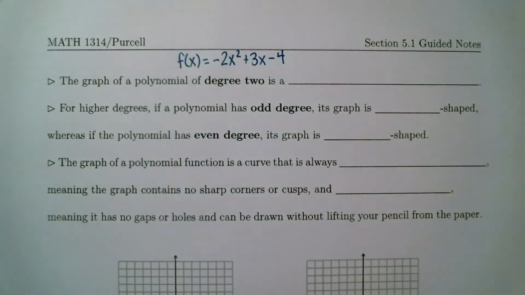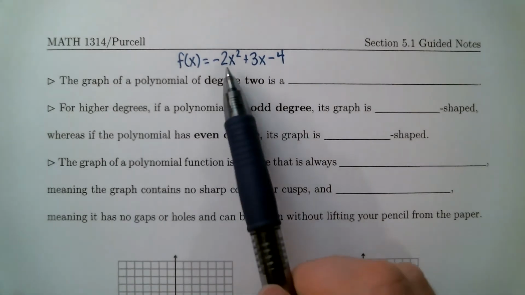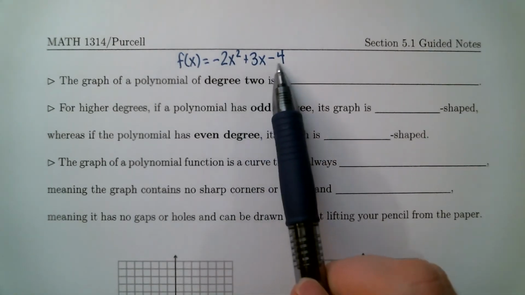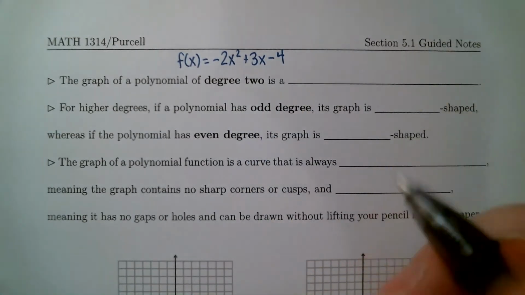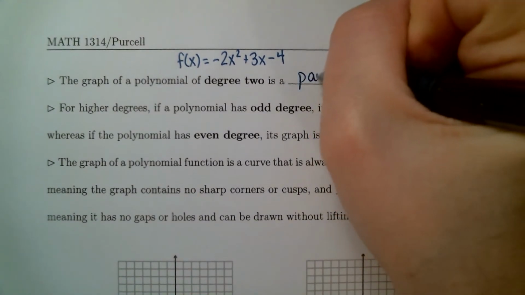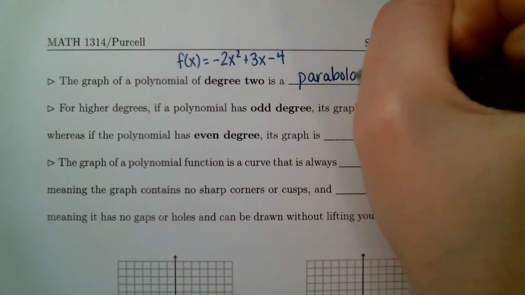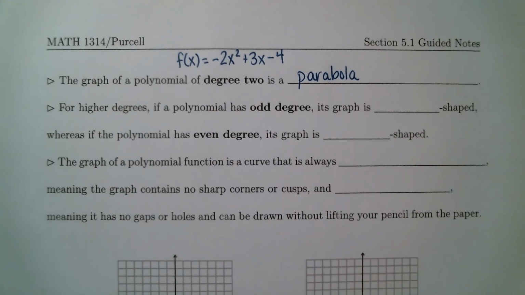I'm just making something up. The highest power of x is 2. This is ax squared plus bx plus c. So degree 2 is a parabola, and we've seen that before. So all lines and all parabolas are polynomials.